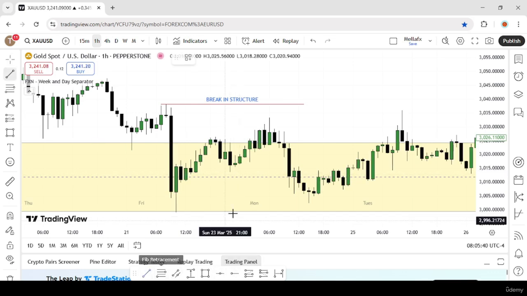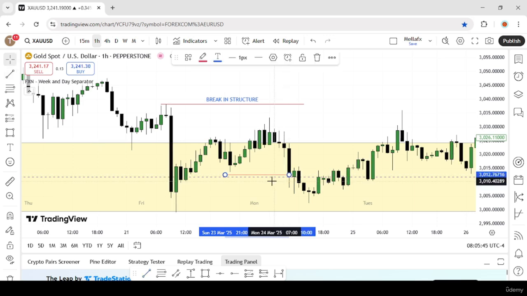So another thing in this strategy is that once we hit this imbalance, we want some form of sell side liquidity being run here. Then any break in market structure. So we identify that on Monday we had a confirmed break in structure, because this high here is a swing high.